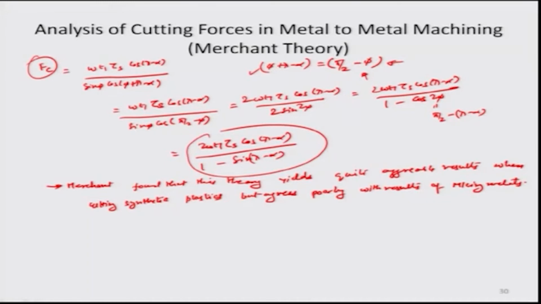So, there was a small modification done by P.W. Bridgman, who realized that the shear stress, ultimate shear stress tau s, is not completely independent of the normal stress sigma, which would come into picture.